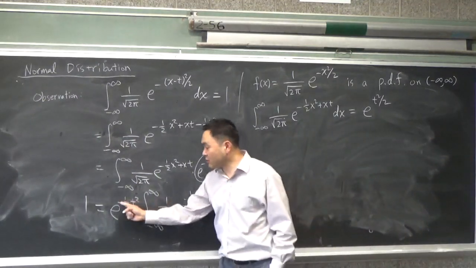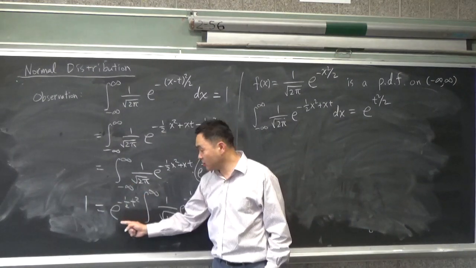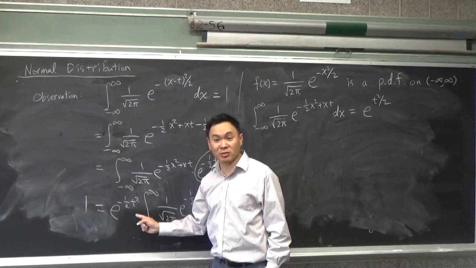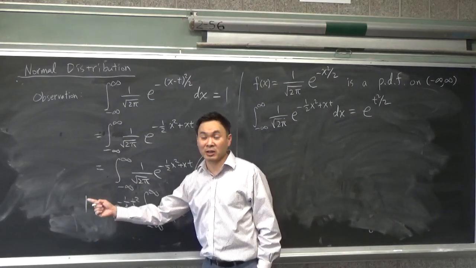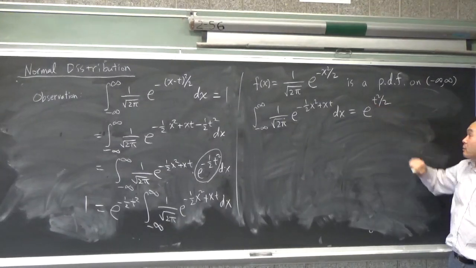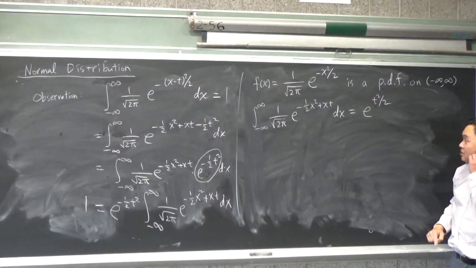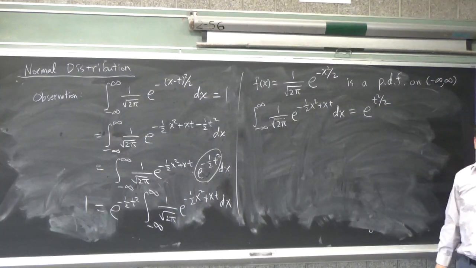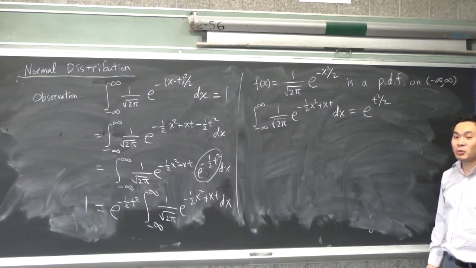Notice that this negative exponent means 1 over e to the positive 1/2 t squared, and if you multiply to the right side, this becomes a positive exponent. Okay?